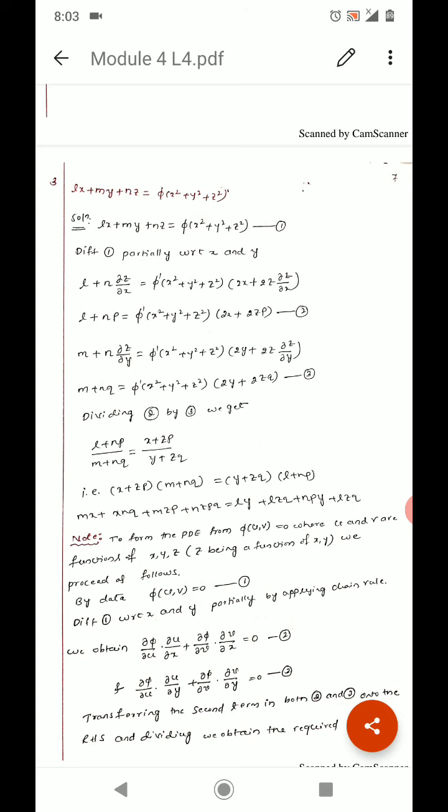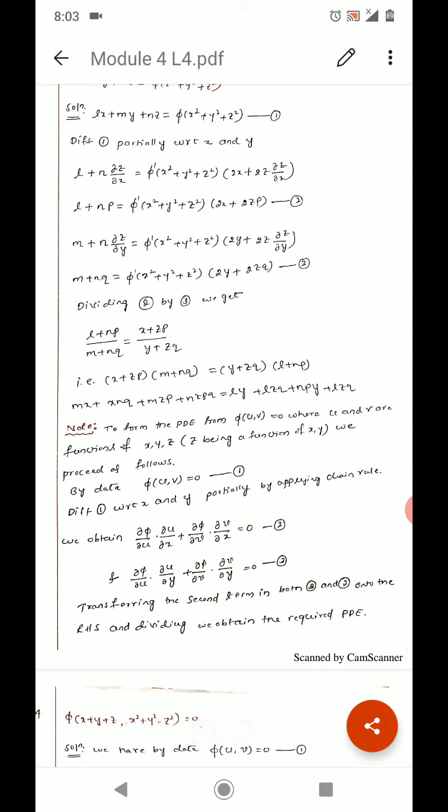In equation 3 we have 2y plus 2zq. Taking 2 outside and cancelling that, we get x plus zp divided by y plus zq. Cross multiplying the equations, we get x plus zp into m plus nq, which is equal to y plus zq into l plus np.